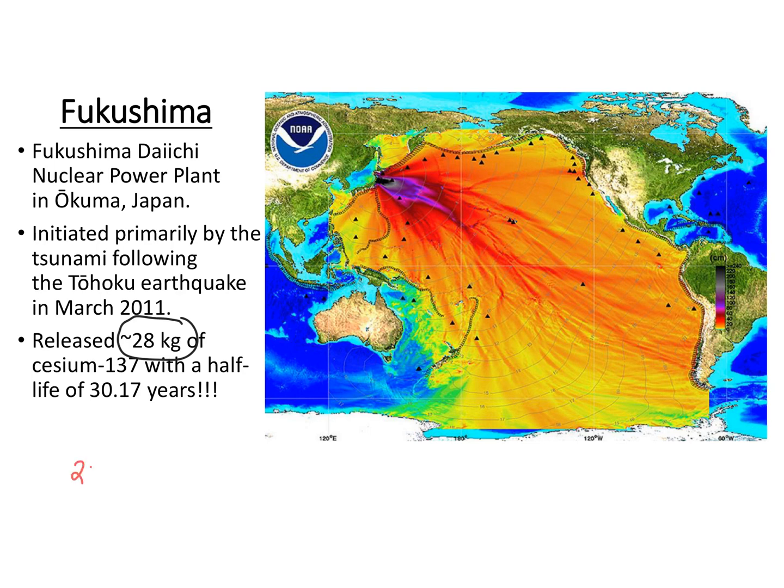So if in 2011 we released 28 kilograms and the half-life is 30 years, that means in about 2041 we'd have 14 kilograms remaining, and in 2071, and I might be lucky enough to live that long, I'd have about 7 kilograms left.